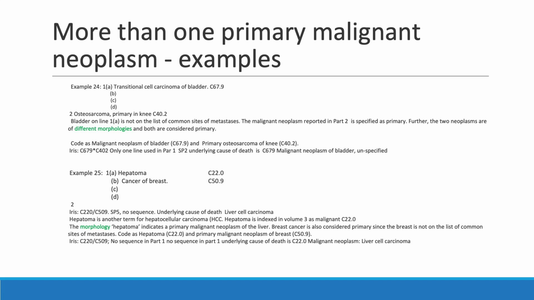Multiple causing instructions use SP5, that is, no sequence, and select C220 as the underlying cause of death. The coding for these conditions is also provided with specific ICD codes for each type of cancer.